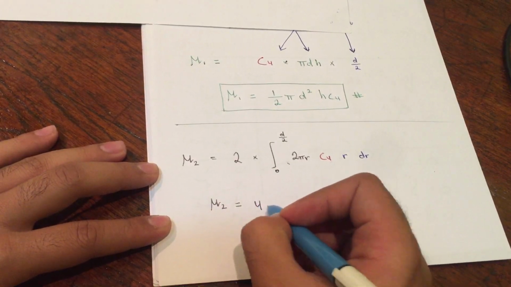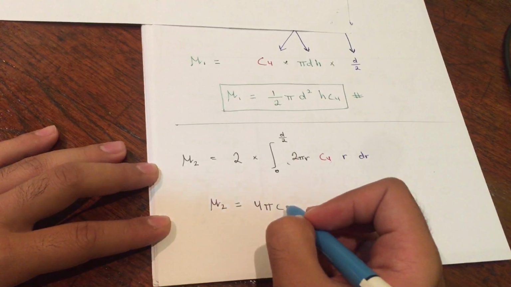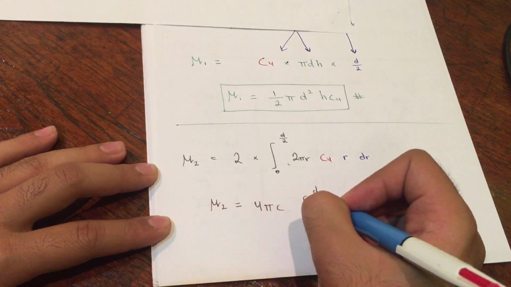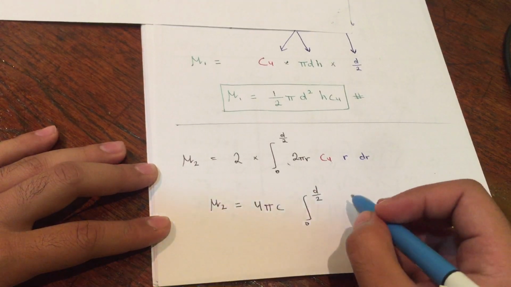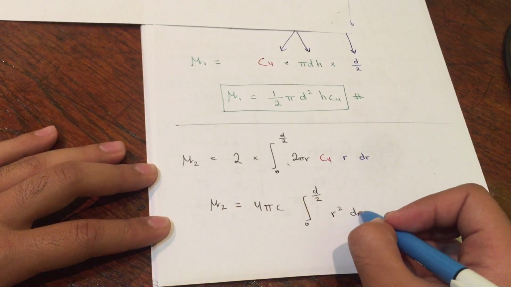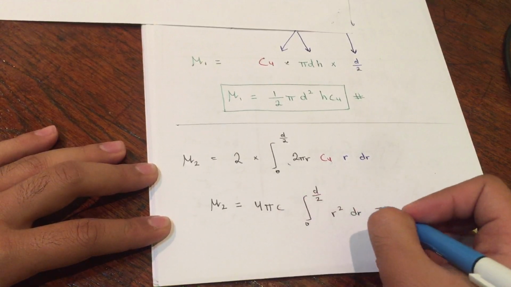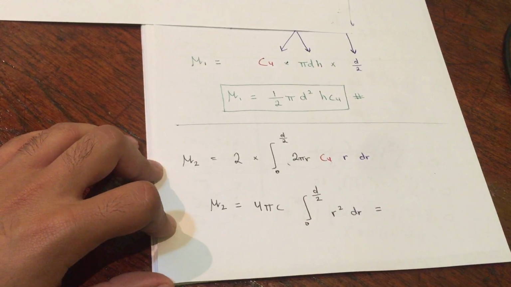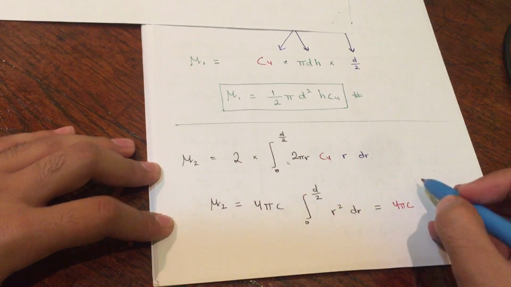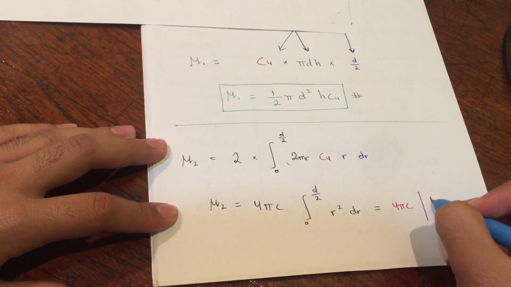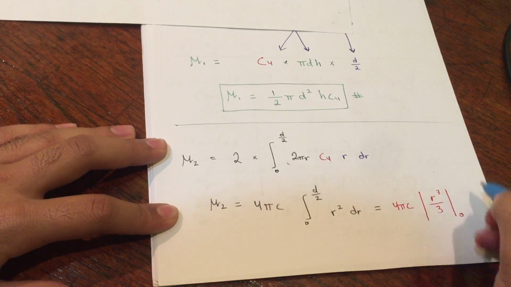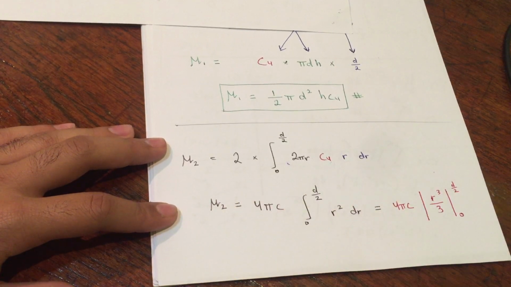Let's say we can put 4 pi c, take the constants out, 0 to d over 2, and inside I can keep r squared dr, and this one will equal, let me change the color, 4 pi c r cube over 3 from 0 to d over 2.